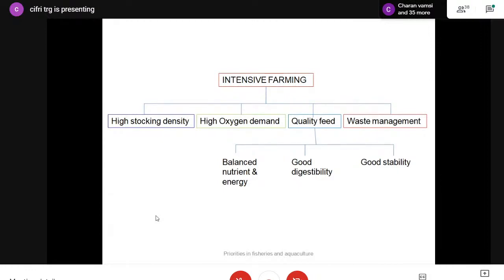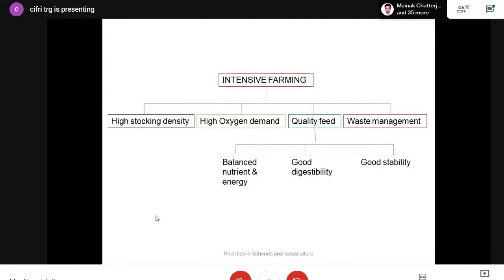Like in pond culture systems, we have been listening about so many health products, how we can maintain water quality, even aeration, the removal of mud, application of so many prophylactic things. That is possible in a closed water system, but in an open water system, that is not a possibility.